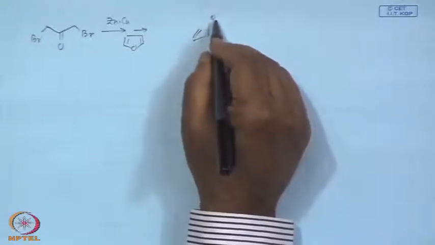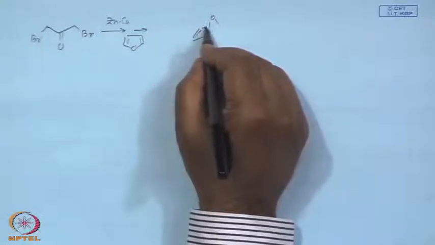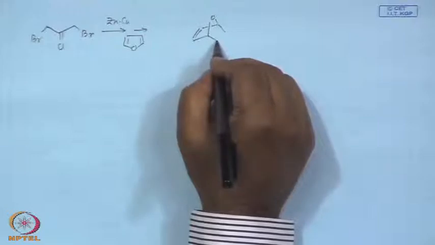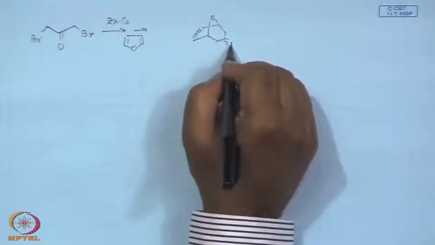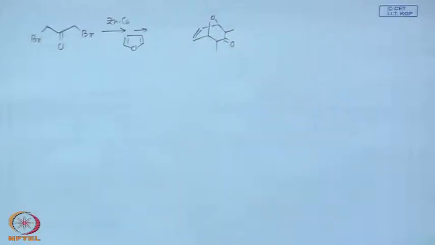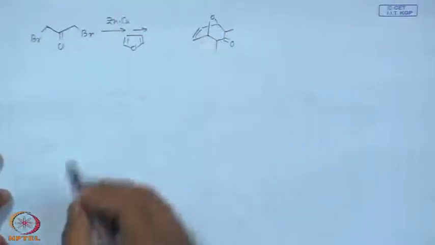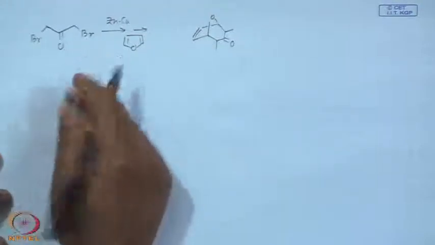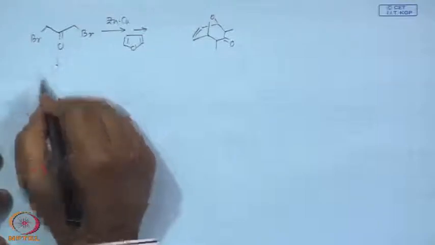Essentially, this is again a kind of Diels-Alder reaction, or you can say a 4 plus 3 cycloaddition reaction, with the methyl group here. So, it is a bicyclic compound, and now it is a truly heterocyclic molecule. How does it proceed?